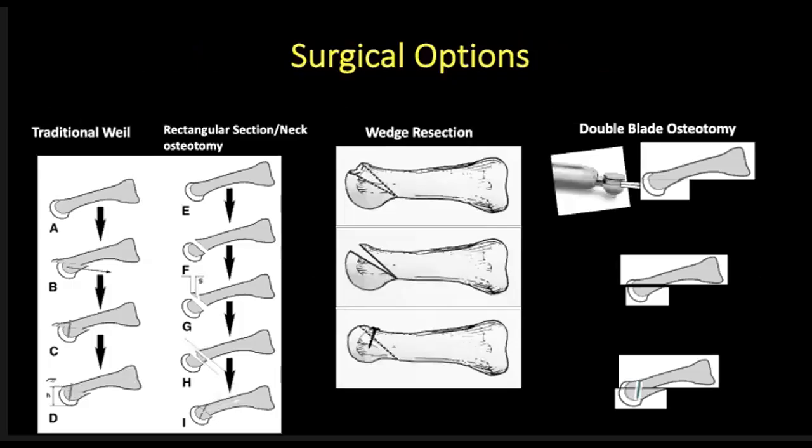So let's talk about surgery. There's actually a lot of different variations to this osteotomy, and the traditional Weil was essentially created to shorten the metatarsal. The way the technique is described is you want to try and keep the saw blade as close to parallel as possible with the weight-bearing surface, and then create the osteotomy. Problem with being too parallel is that you can actually ride the shaft of the metatarsal, and that can be very problematic.